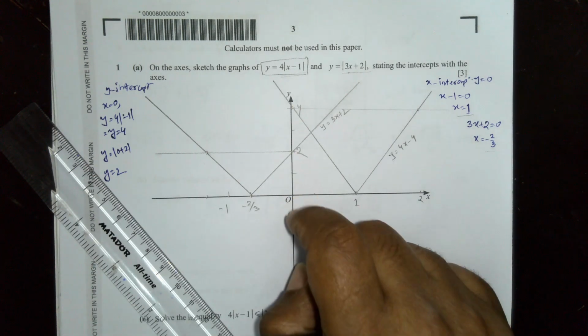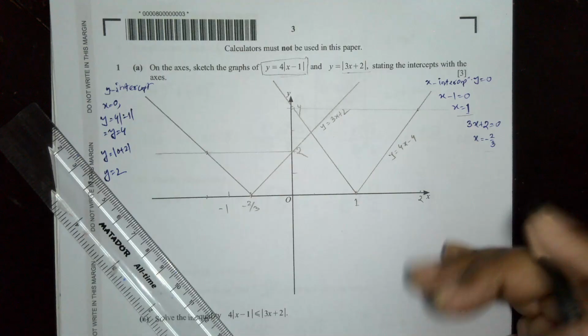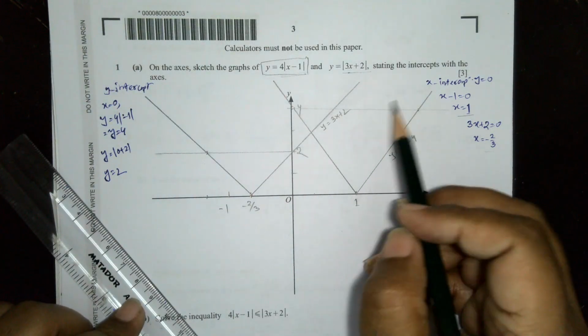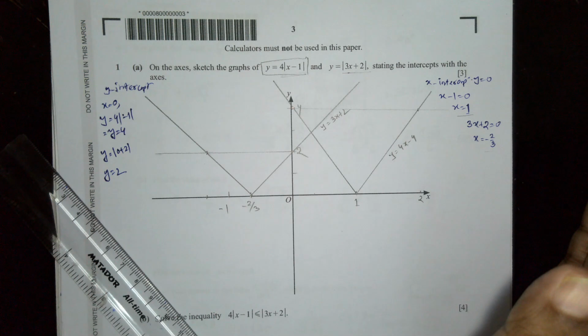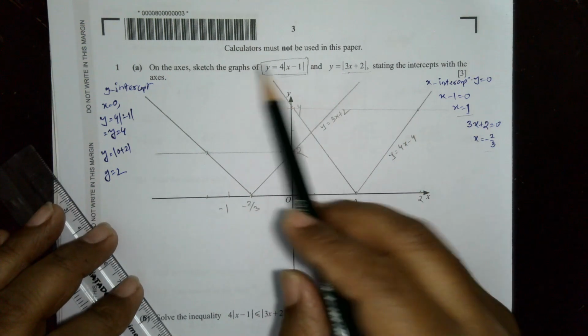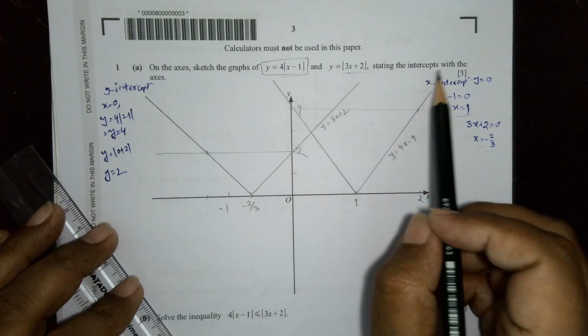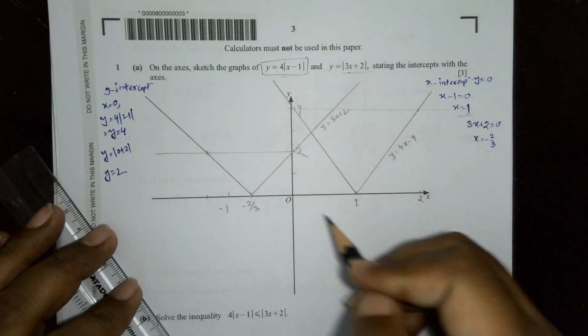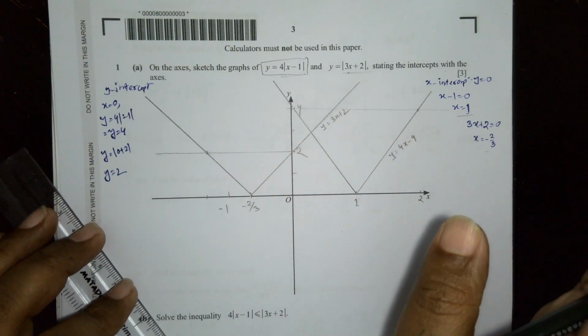I should have taken the axes a little closer so that I could have shown the point of intersection, but that doesn't matter. They didn't say to state the intersection of the curves, only the intercepts with the axes. Therefore our drawing is completely okay.